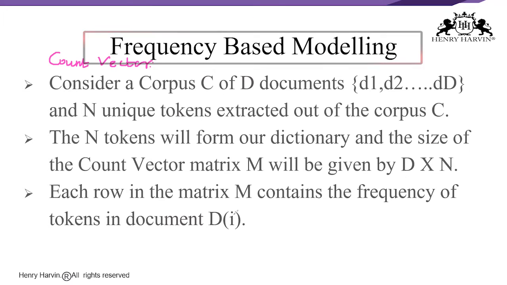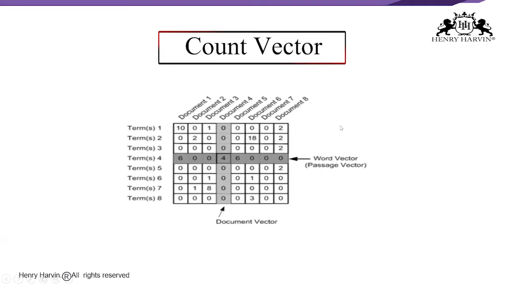So how can I understand this a little more clearly? Let me give you an example now. Say, for example, I'm writing a sentence: He is a lazy boy, and she is also lazy. So we are writing about someone saying that he is a lazy boy and she is also lazy.